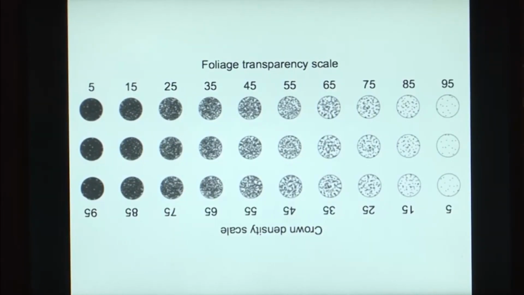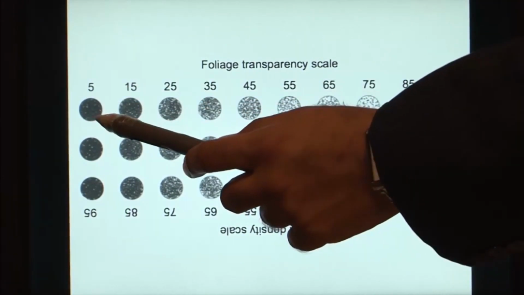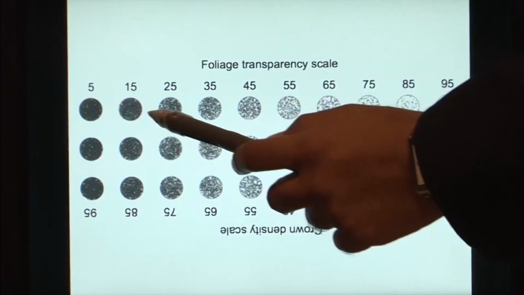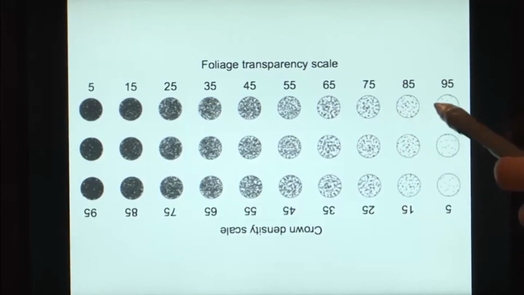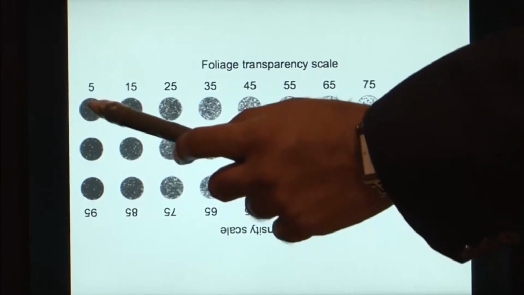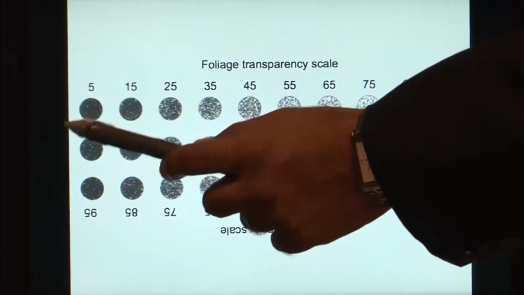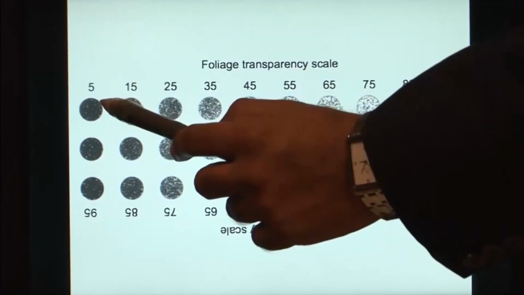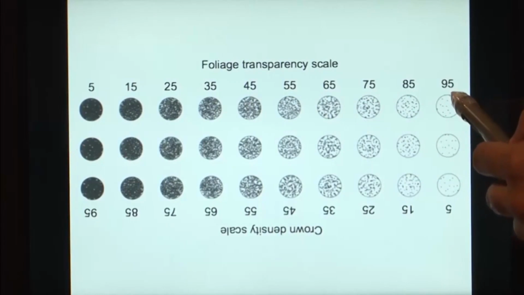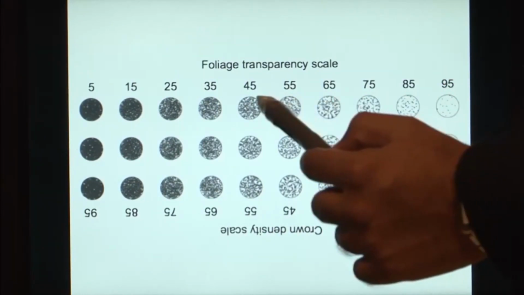this foliage transparency scale. So, this is a card which is available, this is a transparent card and here you have 5%, 10%, 25%. So, this top is showing you the amount of transparency. So, transparency of 0% would be completely black, a transparency of 100% would be completely white, and this would give you all the transparencies. On the other hand, you could also go in the opposite direction.